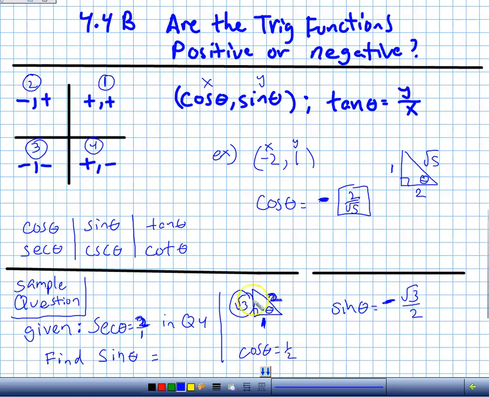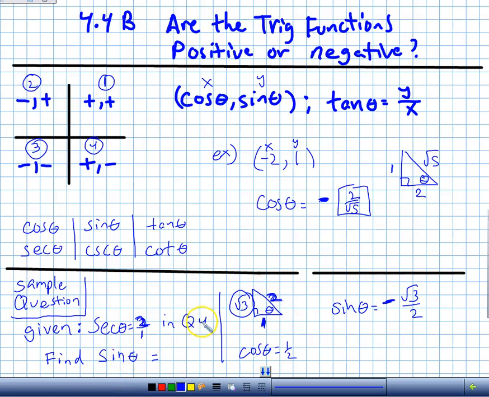Now we draw the little right triangle, and we can label it using the Pythagorean theorem. But just so that you know, let me remind you again that being able to tell whether sine is positive or negative is pretty easy. I don't even have to do the fraction.